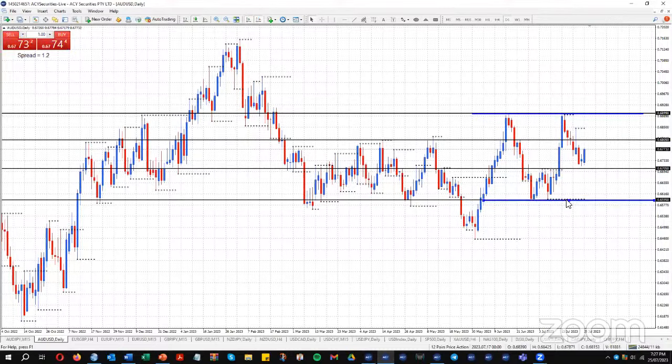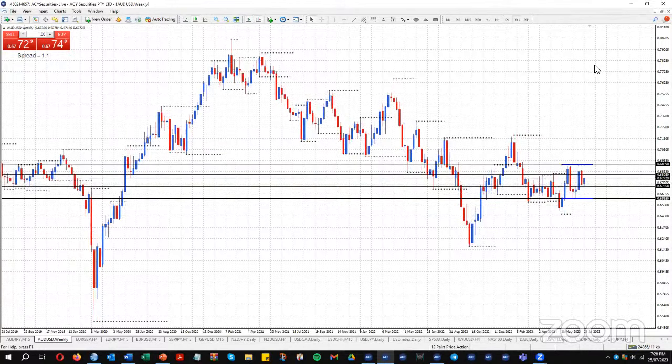Now, whether we get down to the bottom of the range, we have the CPI data coming out, we have the FOMC data coming out. The levels I will be watching at the moment, if we get a significant move to the downside, is look at 65.95, 6,600 level for support. Okay, at the moment, it would seem, from the weekly chart perspective, there's your weekly top of the range. This is the bottom of the range at the moment.